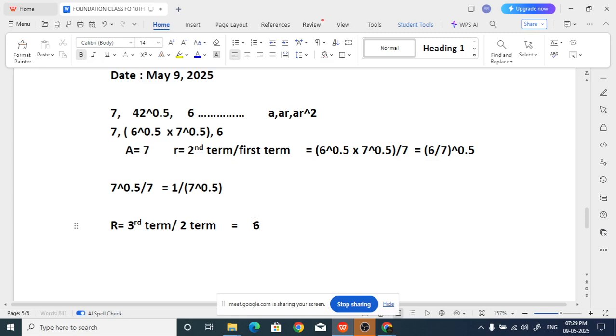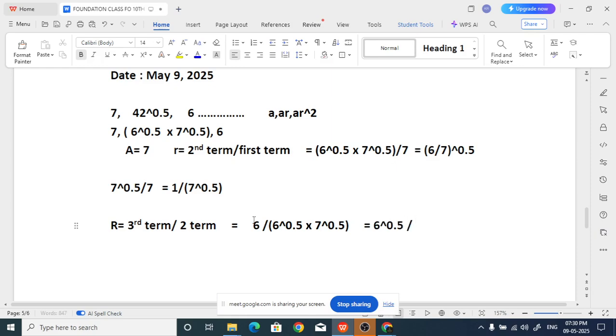Third term divided by what? Second term. Second term is given as 6 to the power 0.5 into 7 to the power 0.5. So now you tell me what is this? 6 divided by 6 to the power 0.5. That is 6 divided by root 6. So on the numerator you will get root 6, that is 6 to the power 0.5 in the numerator.